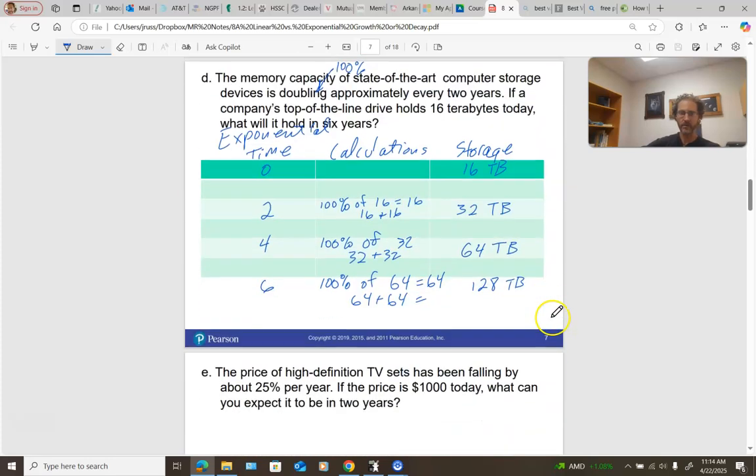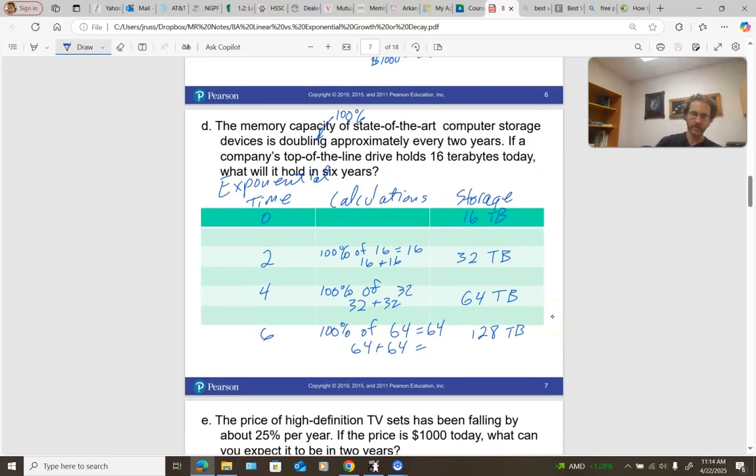So if I use that formula down here, which I am going to, the final storage capacity will be equal to the initial, which is 16 terabytes, times, in parentheses, 1 plus 100% as a decimal is 1. Okay? And then we would raise this to the 3rd power, because there's 3 of these 2-year intervals. Okay?